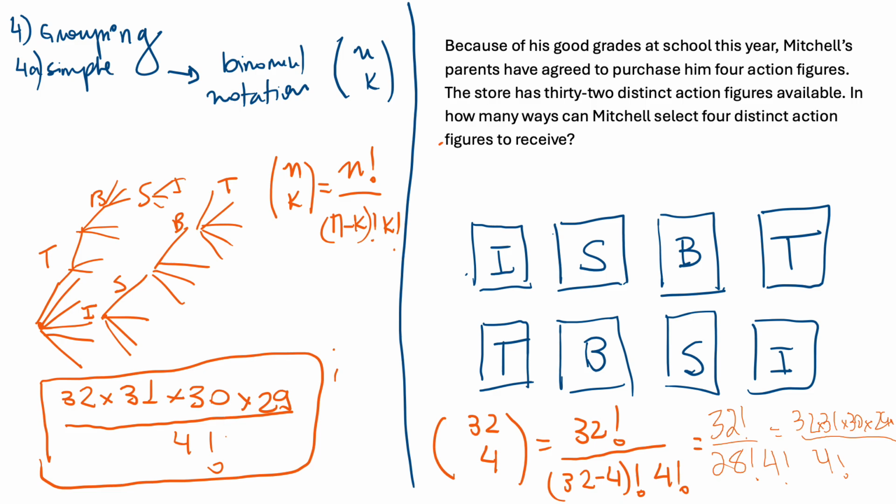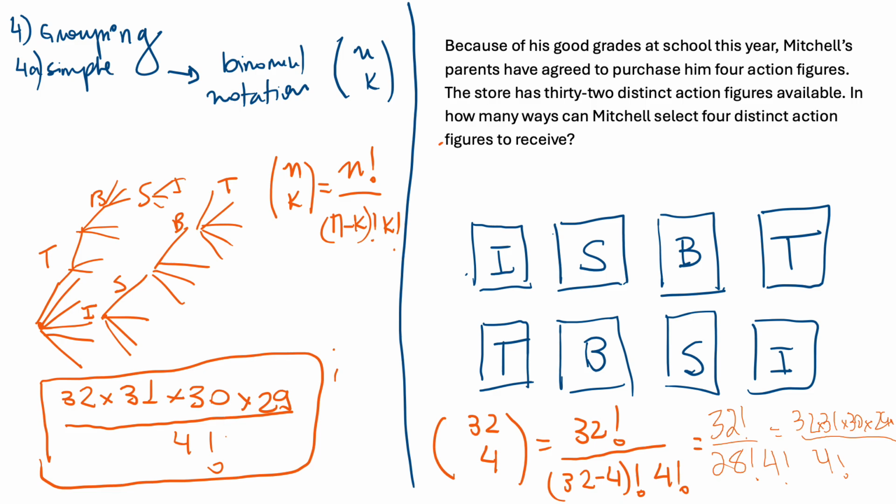So again, the binomial notation means that within n elements, within 32 elements, I have to choose 4 with no order mattering. Okay. So this is the first type of grouping, which is a simple group. I'm taking things and just selecting a simple group.